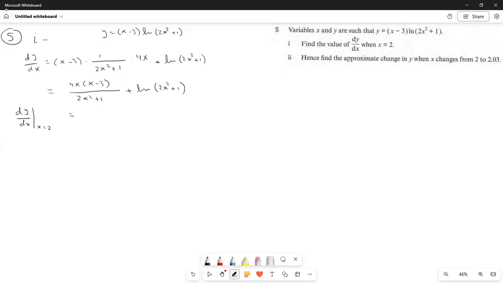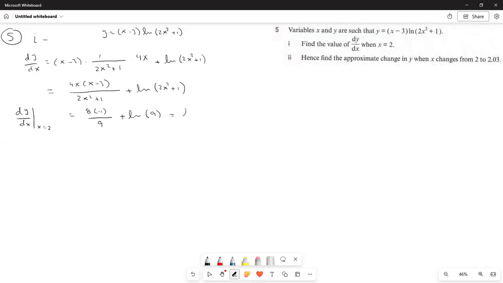So I will substitute 2 for x. This is going to be 4 times 2 is 8, and 2 minus 3 is minus 1, and 2 times 2 is 4, times 2 is 8, plus 1 is 9. This is minus 8 over 9, plus log of, again, 2 times 2 is 4, 8, 9. So this is log of 9.